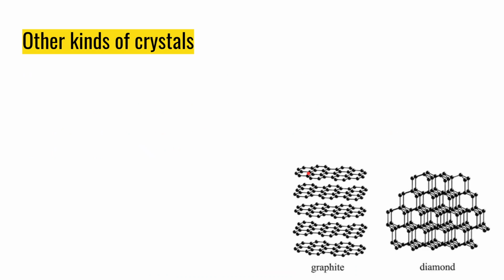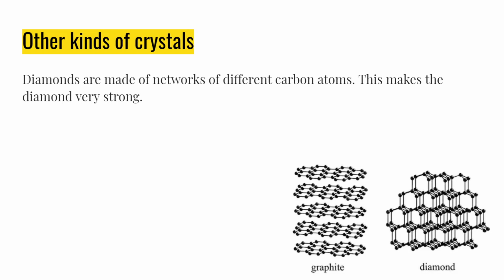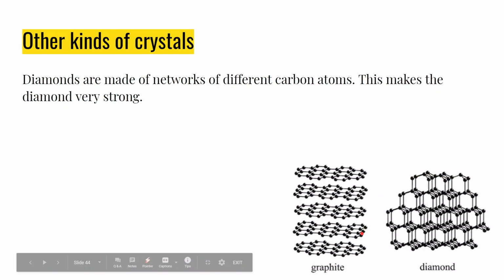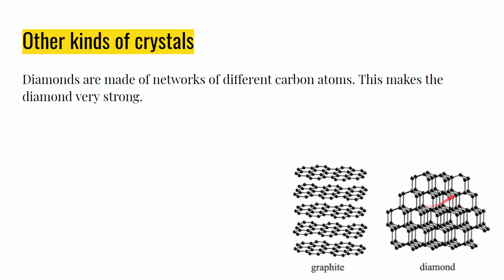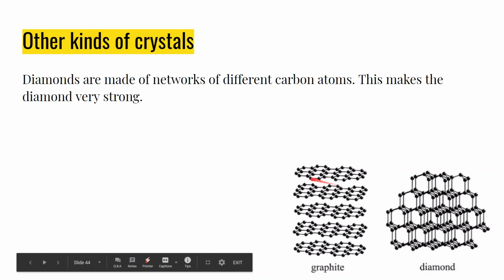Now, here's some other types of crystals that we can have as well. Diamonds are made of networks of different carbon atoms. This makes the diamond very strong. Now, at the bottom here, I have an example of diamond and graphite. Now, right here, these diamonds, you can see how the bond is more interconnected, more locked together, compared to graphite. Now, graphite's very plain.